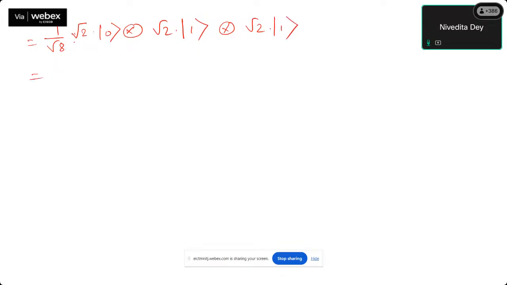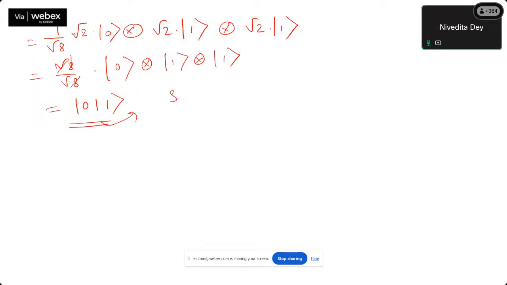So all the root 2's will be basically root 8 by root 8, which is nothing but 1, and Ket0 1 and 1. So this is Ket 011, and if you remember, this was the secret string that we thought of obtaining after measurement.